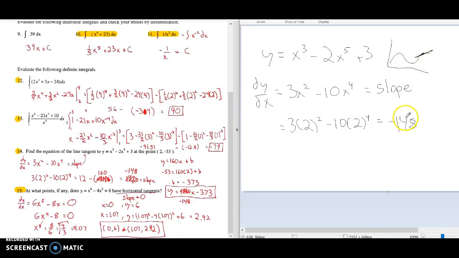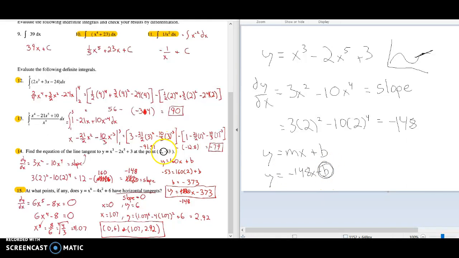But we have a negative slope, and since it's a straight line, we know the equation for a straight line, which is y equals mx plus b. We know what m is, so we have y equals negative 148 times x plus b, oops. And the only thing we have to do is solve for b, which you can do.